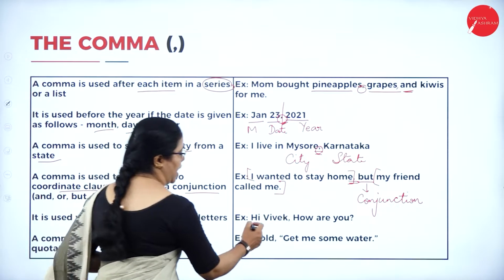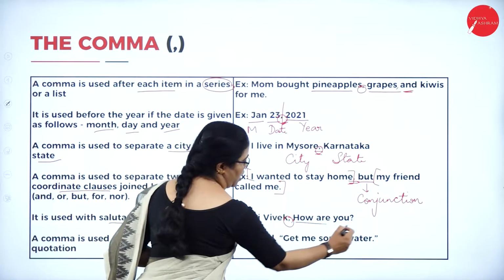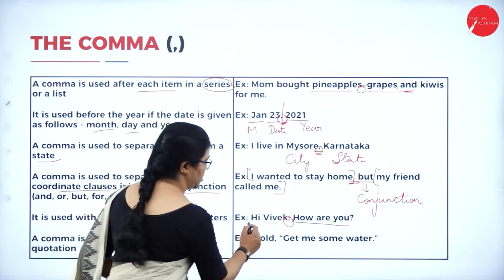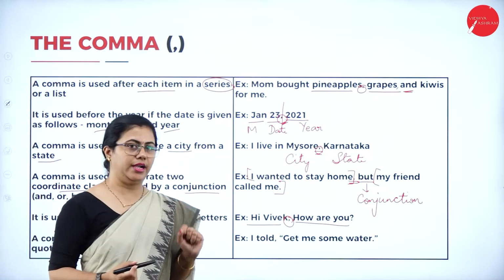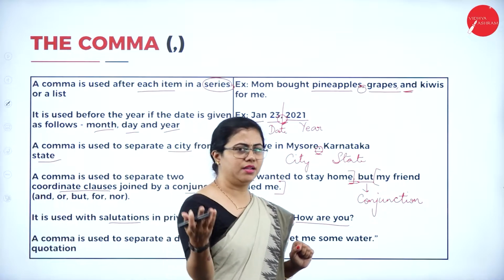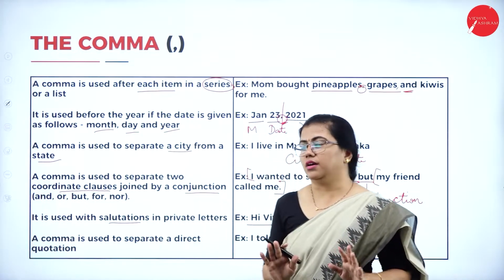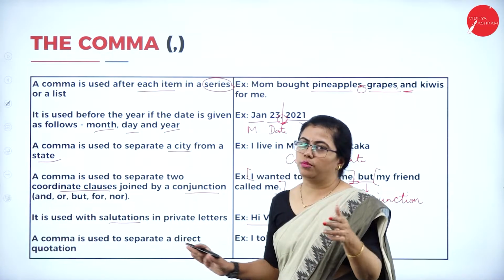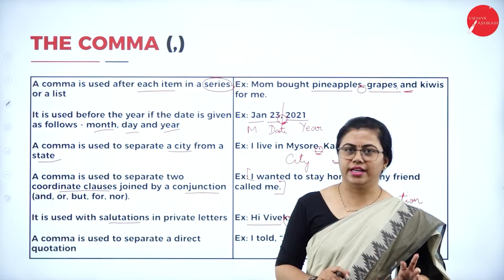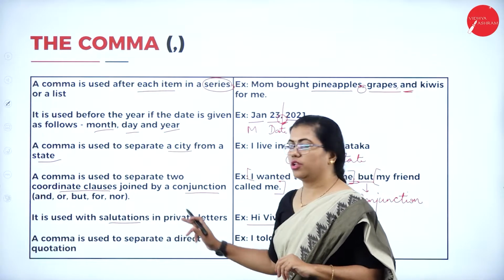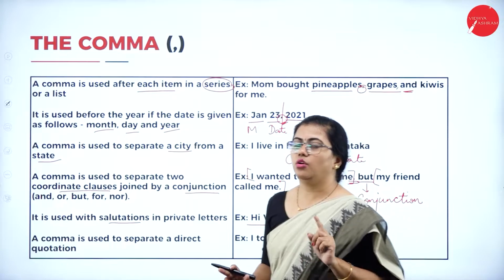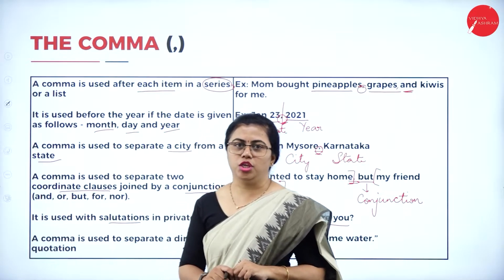How is that? "Hi Vivek, how are you?" You have this usage, "Hi Vivek," in private letters. "Respected Madam," you can use not only in private letters but in formal letters also, but very rarely. So whenever you are using a salutation, this comma has to be used.